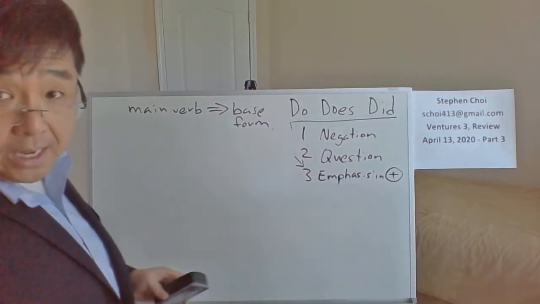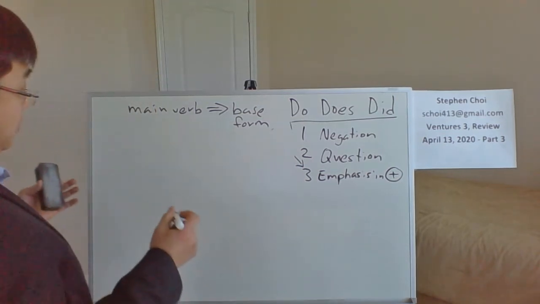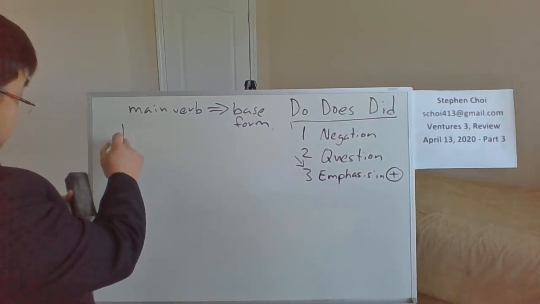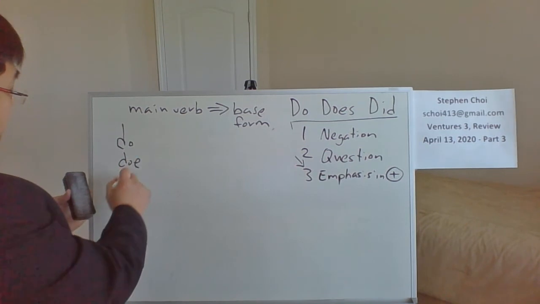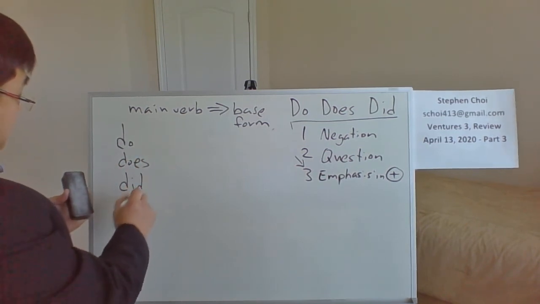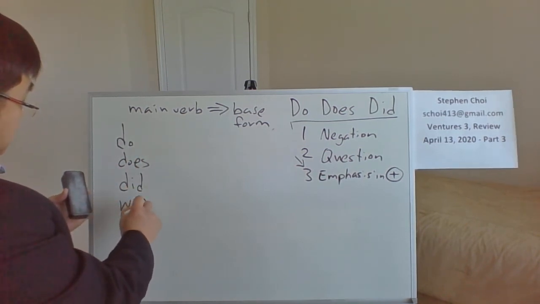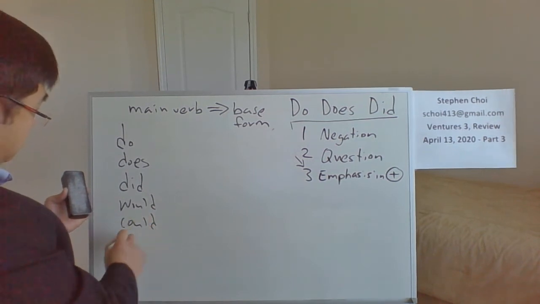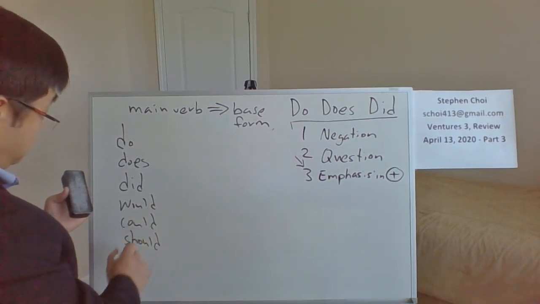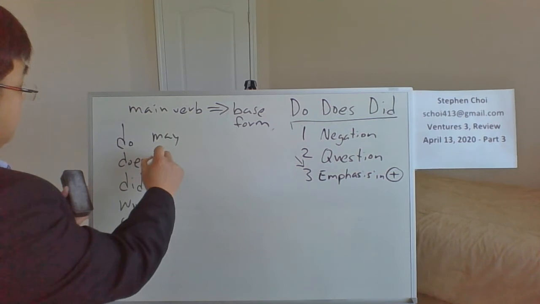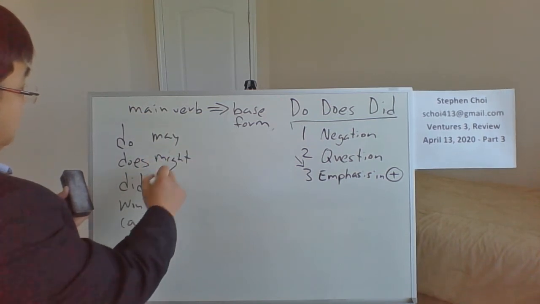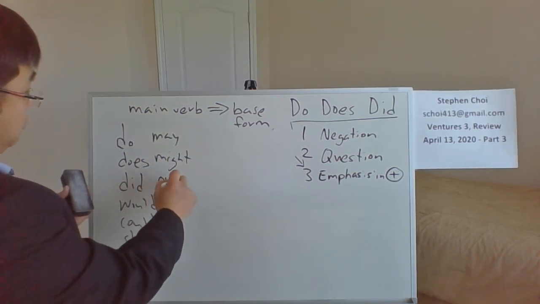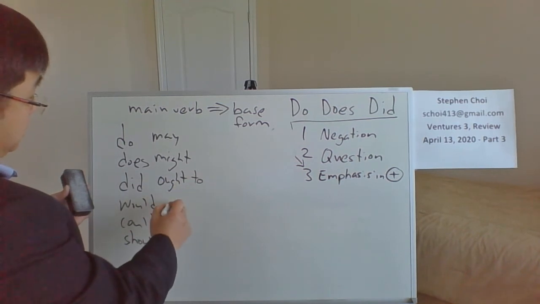Let me just talk about one more little thing. We have do, does, did, would, could, should, may, might, ought to, what's another one?